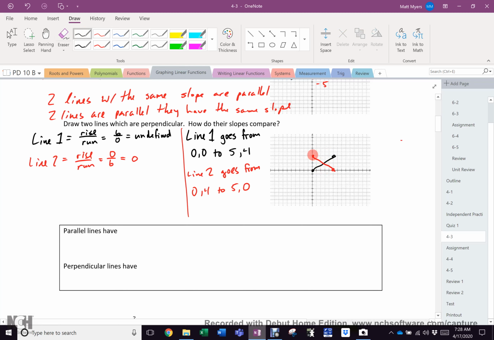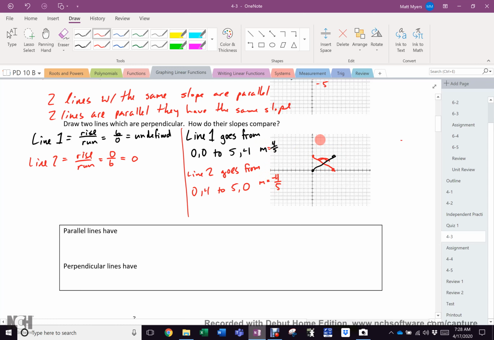It was up 4, and so it rose 4 and it ran 5. So the black slope's m was 4 over 5. The red slope's m was negative 4 over 5. So you can see they have the same slopes, but they're opposite. But that's not 90, is it?